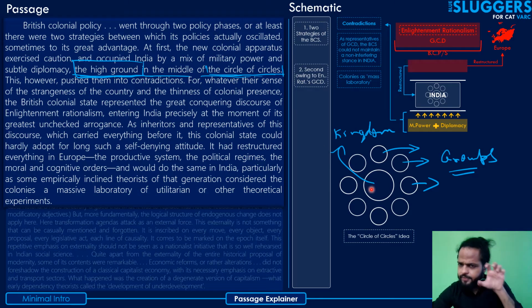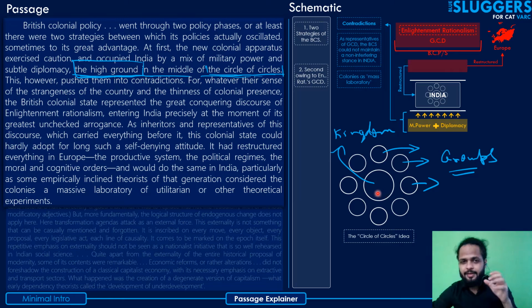Very cautiously, by a combination of military power and diplomacy, they just acquired this high ground. But once they did that, they could not really sustain the method of governance that the old kingdom had deployed, which was that of not interfering too much.